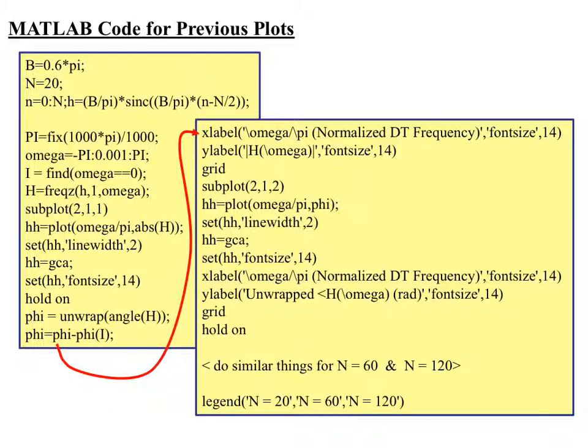I won't go through all the details, but I'll hit some of the highlights. I play one little trick here that's kind of fun, and I'll talk about that in just a little bit. Up at the top I specify my B value, and that's the only place I specify it. Instead of putting in explicit values in places, I like to specify as much as I can up at the top.